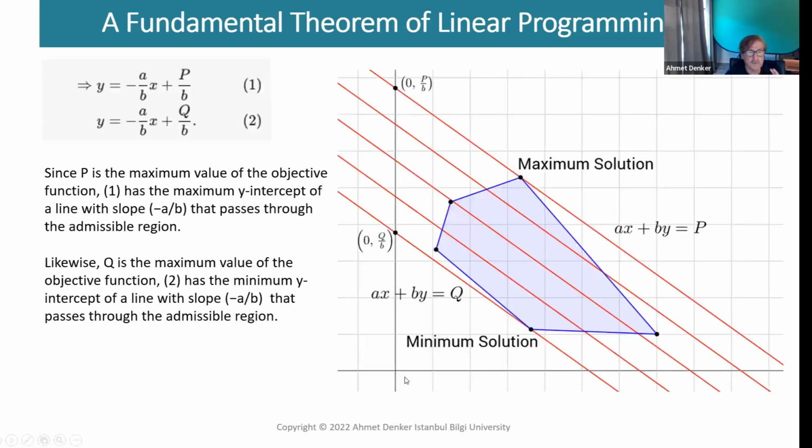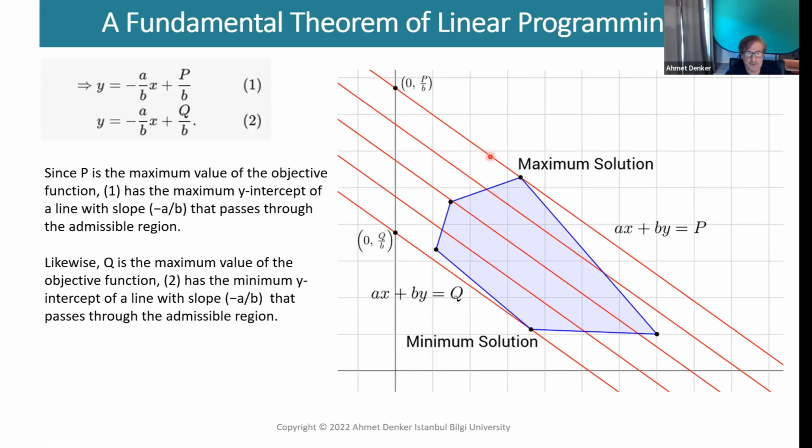If I show this graphically, the fundamental theorem says it's going to be on one of the vertices of this polygon. And if I am trying to maximize it, then I'm going to look for the line which passes through one of these vertices with the maximum y-intercept value.